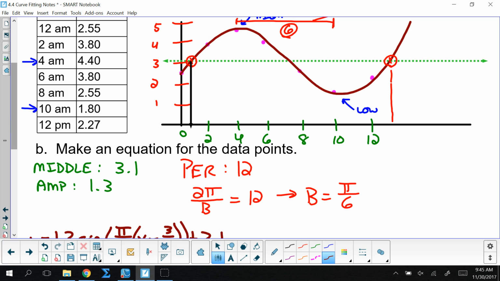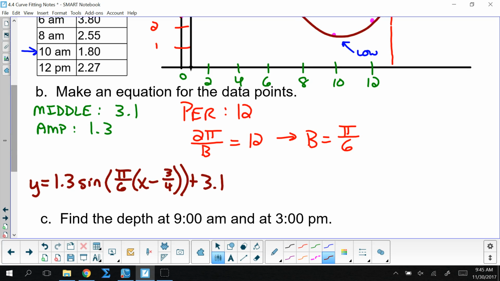Why would cosine be more accurate? Because we have the high point, right? We know what that high point is. So we know that start is locked in at 4. Okay? So we know that the cosine curve might just be a little more accurate.